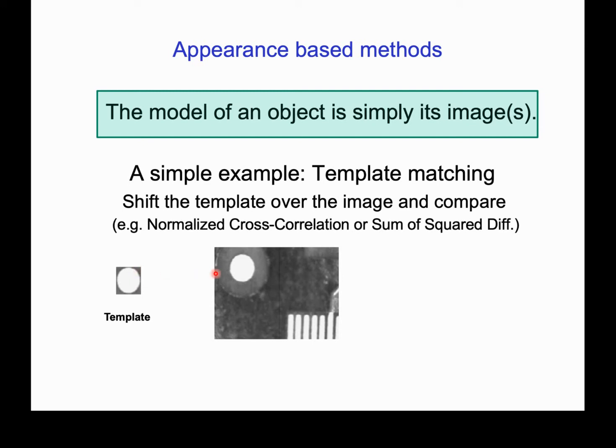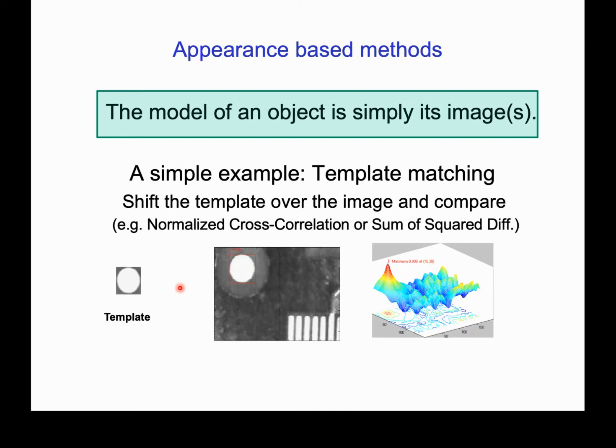I can shift the template over the image in a sliding window approach, and simply compute the normalized cross correlation or sum of squared differences between the template and the image at the position where it's overlapping. If I do this, I can see that the highest point of normalized cross correlation will really be at the location where I can see the object. So that's pretty neat.